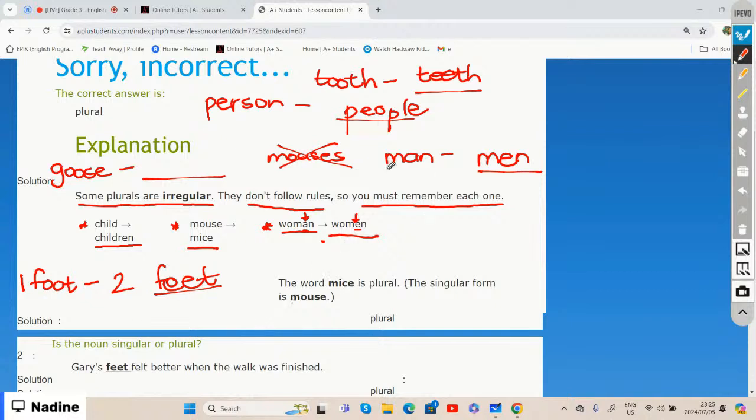All right, so one goose, almost there. Yes, so one goose and other geese, right?